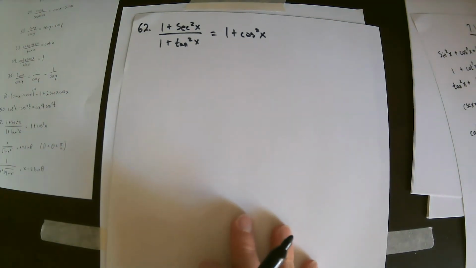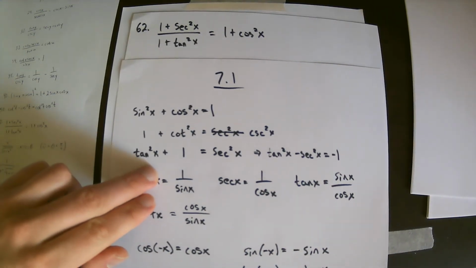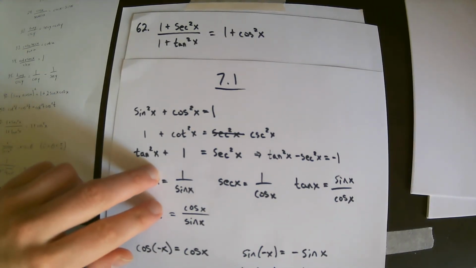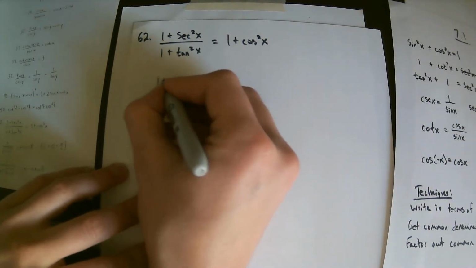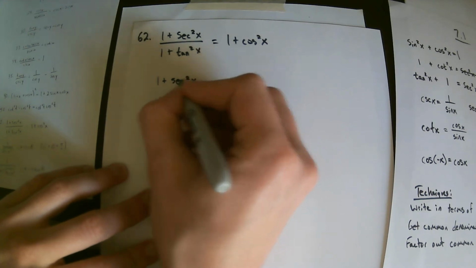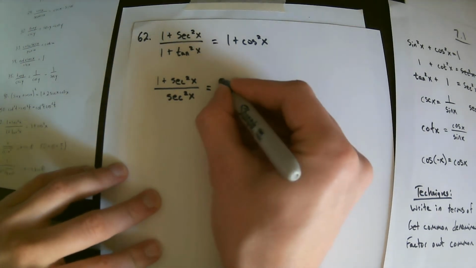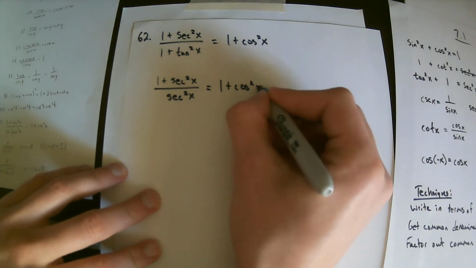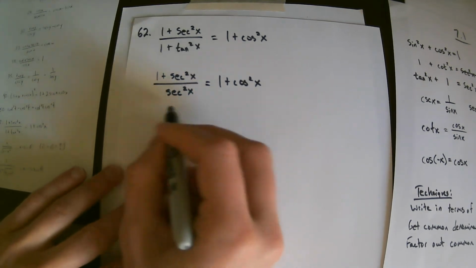Definitely thinking about Pythagorean identities, because 1 plus tangent squared is secant squared, so I can say 1 plus secant squared x over secant squared x. And how about I just leave the numerator alone, because I have a feeling we're going to want to leave that one alone.